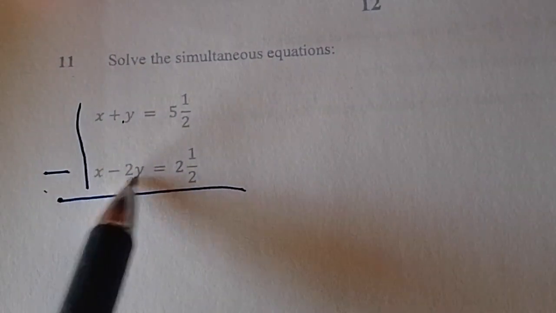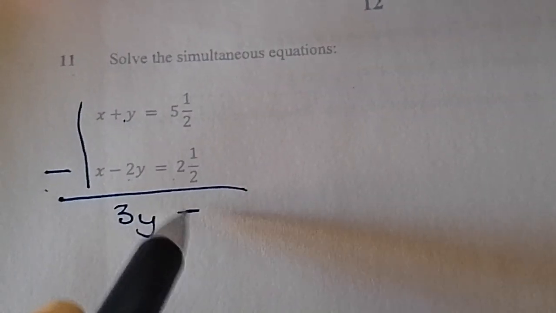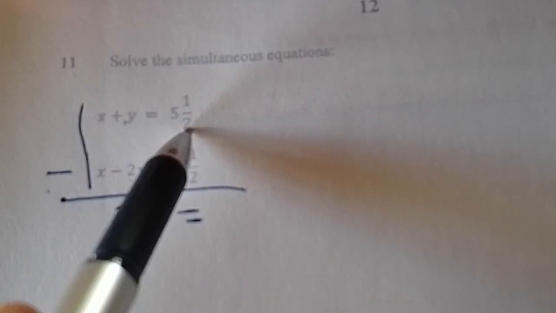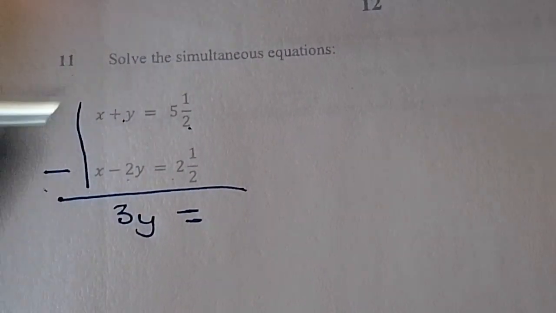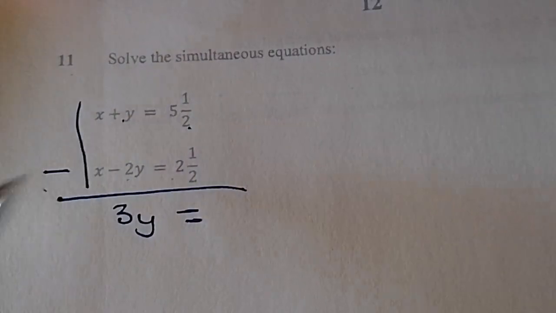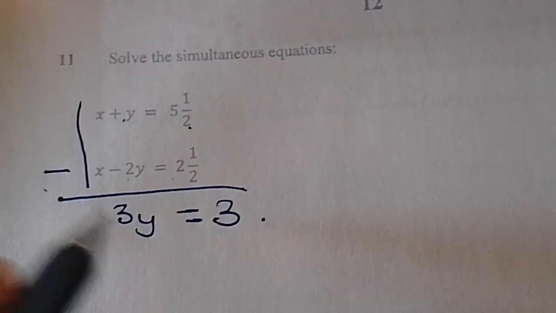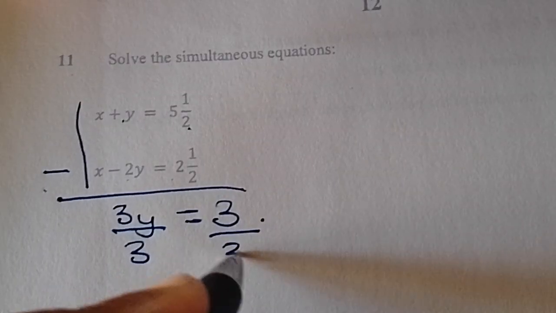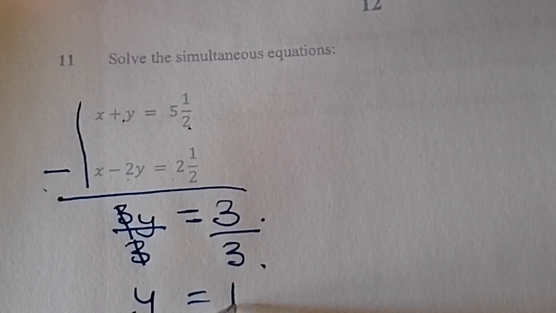Y minus 2y, it's y plus 2y. We get a 3y is equal to 5½ minus 2½. These halves, they cancel each other, right? 5 minus 2 is 3. Divide both sides by 3. So y is equal to 1.